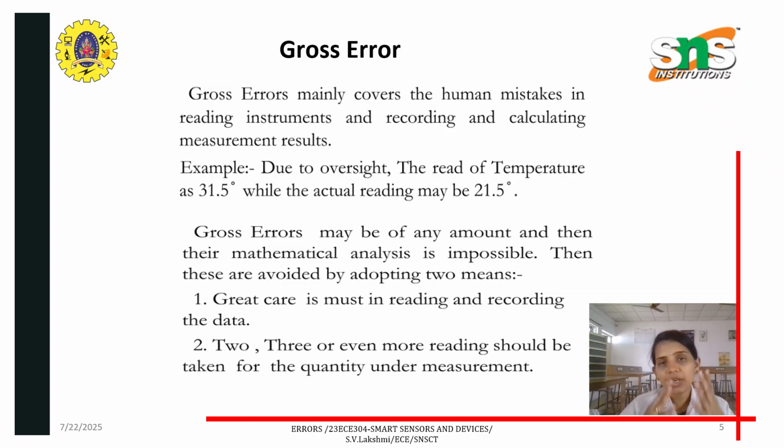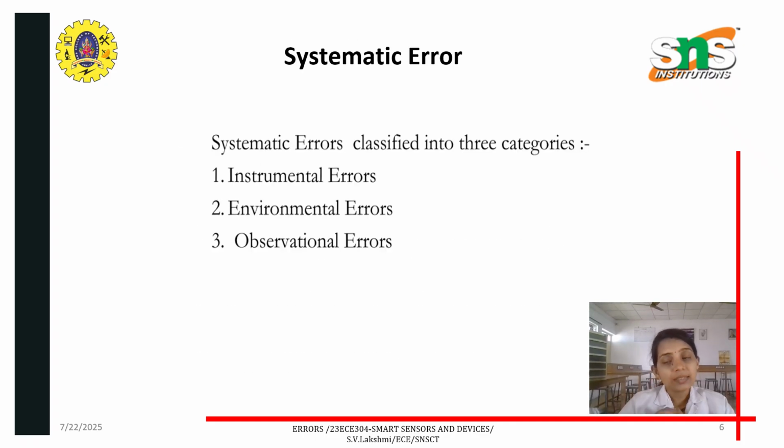Mathematical analysis cannot be done for gross error. We can avoid this type of error by taking great care in reading and recording the data. Another thing is we can take 2 or 3 consecutive readings and take the average for a better quality measurement.